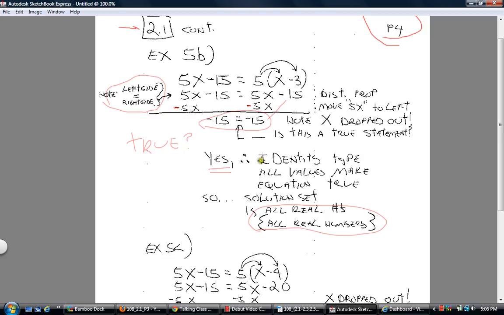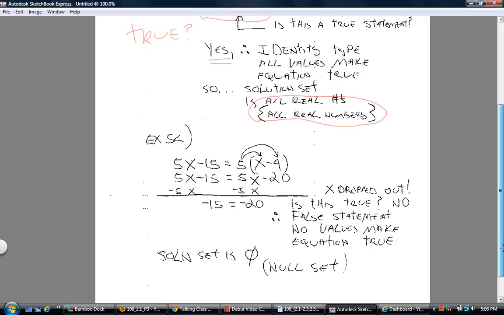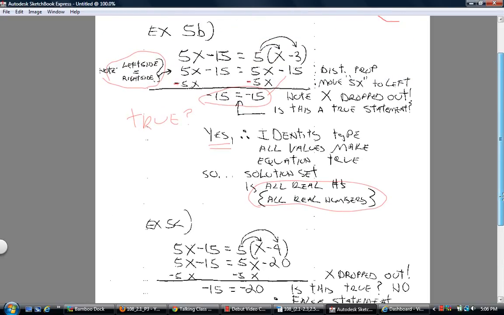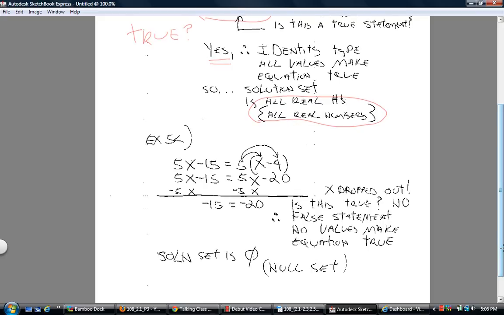Now, I'll leave it at that, except if you look at example 5c, look how close these are to being almost the same. Now we start example 5c, and I see the distributive property because of the parentheses. Get rid of them. Result is 5x minus 20. I see 5x on both sides.